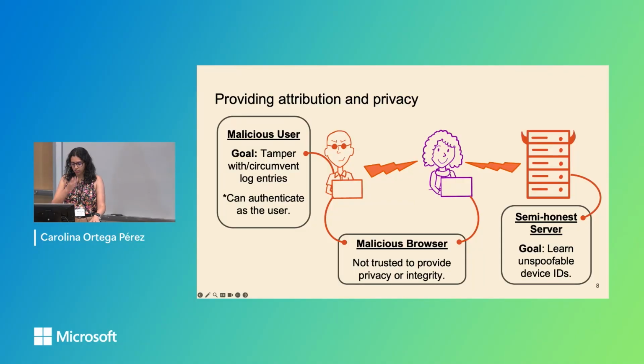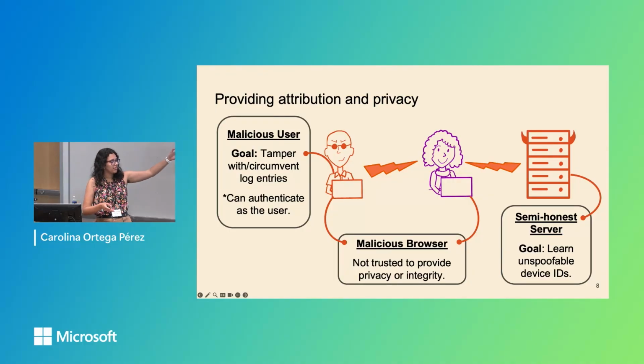And we have the malicious user, who wants to tamper with or circumvent registrations into the log. And recall that it can authenticate as a user. It is possible that previously the user had logged into the device of the abuser. All this is to say there are solutions to account compromise prevention, but those might not cut it in this scenario.